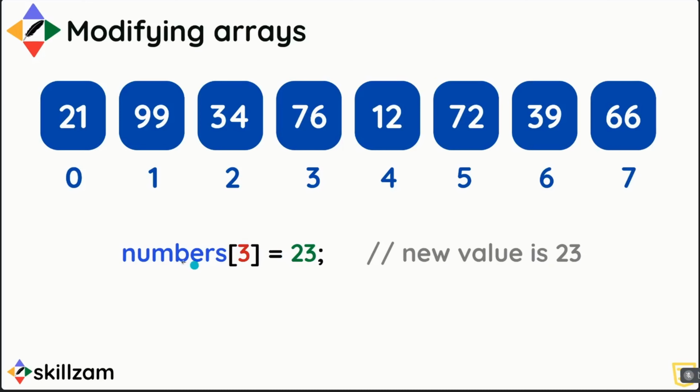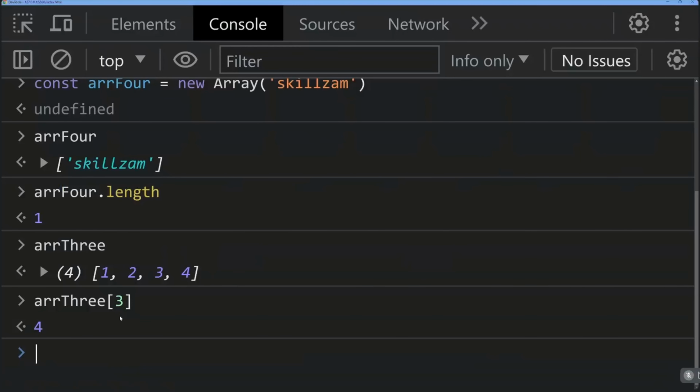So numbers, which is an array, within the square brackets you give the index, which is index position 3, which contains 76, but you are assigning a new value, 23. So now the numbers array will contain 23 here instead of 76.